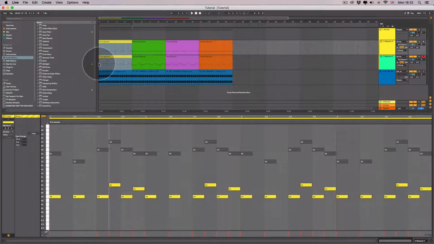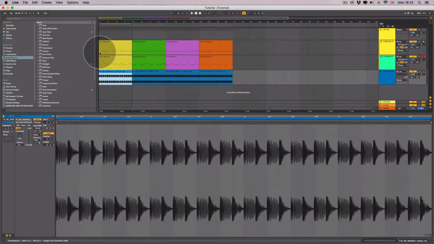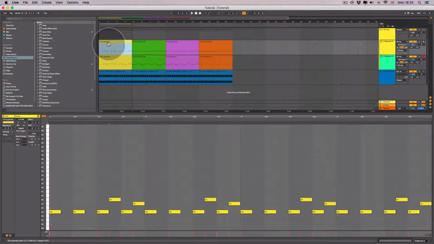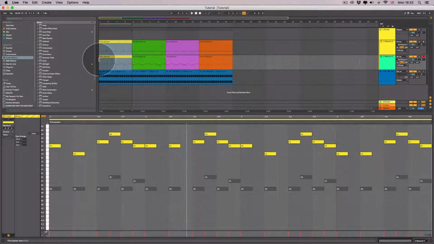So I'm going to highlight this section. I'm going to press Command L to activate the loop on this first little musical phrase. We've got our bass line here. We've got our upper melody here, and we have a drum beat playing in the background over there. I'll highlight both so you can see them working at the same time.